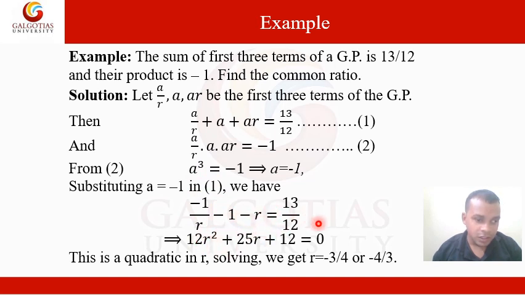By this you get a quadratic equation in r: 12r squared plus 25r plus 12 is equal to 0. By solving this quadratic equation, either by splitting the middle term or by the quadratic formula, I get r equal to minus 3 by 4 or minus 4 by 3.